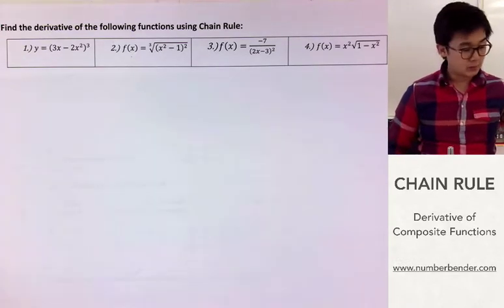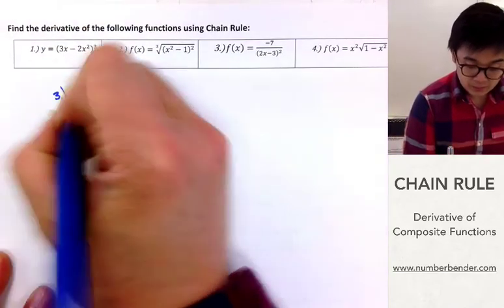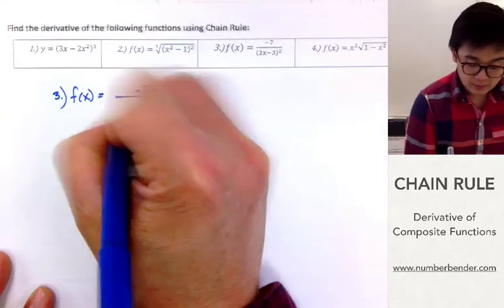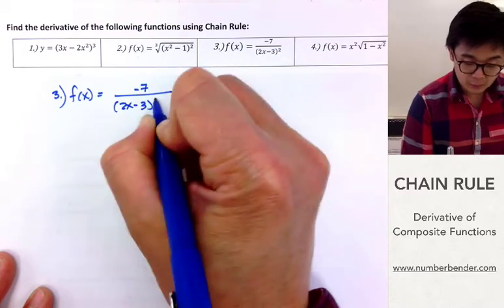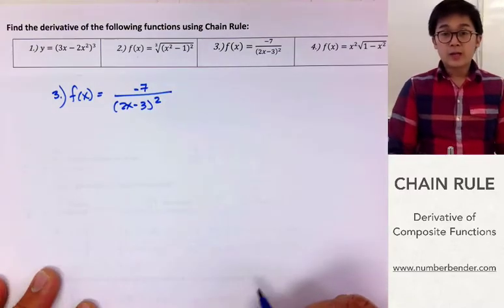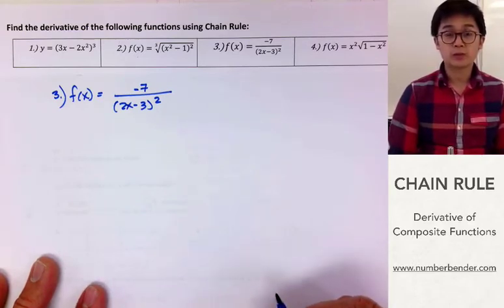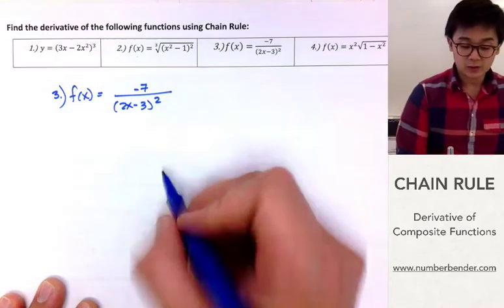Let's go ahead and answer problem number 3. So number 3, we have f of x is equal to negative 7 all over 2x minus 3 squared. Now we can have two options in how to answer this problem. We can use the quotient rule, or we can modify the function so that we can just use the power rule to find the derivative of this rational function.